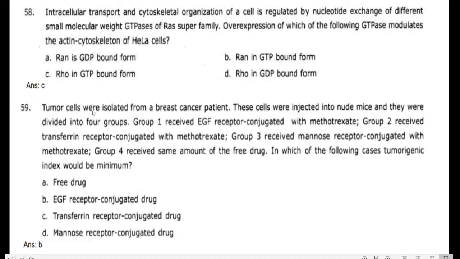The cells were isolated from breast cancer patients. Those cells were injected into nude mice. There is no cancer initially. They were divided into 4 groups. Group 1 receives EGF receptor conjugated with methotrexate. Group 2 receives the transferrin receptor. Group 3 is injected with mannose receptor conjugated with methotrexate.